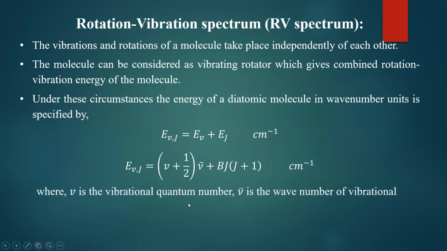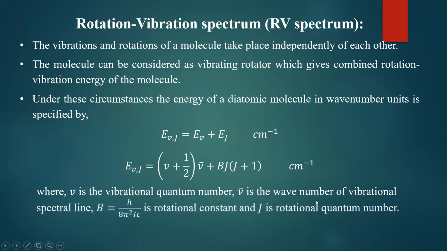Here V is the vibrational quantum number, nu bar is the wave number of the vibrational spectral line, B is equal to h by 8 pi square I C, which is called the rotational constant of a molecule, and J is the rotational quantum number. These two expressions were obtained in the previous classes, vibrational energy and rotational energy. Just add them to get the total energy of the vibrating rotator.